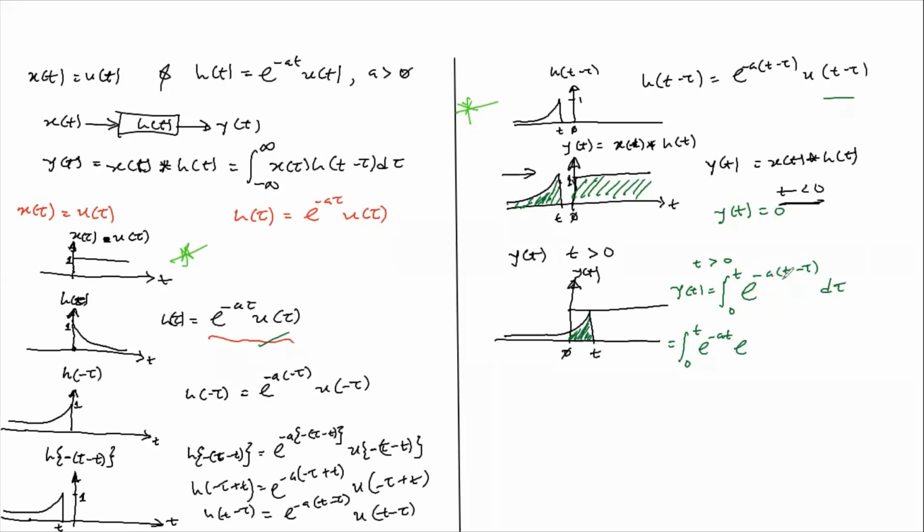So a times t, plus a tau, this is tau. So this is a constant, so that will go in, so the integral from 0 to t of tau.